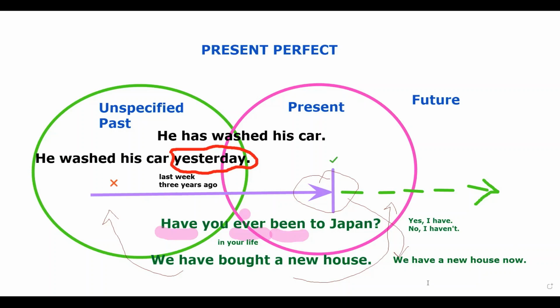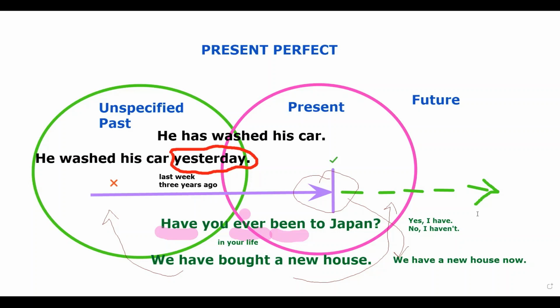We have the evidence in the present, and it may continue into the future, right? So there is no stop line and no identified period of time here. We have bought a new house and we have it now. We have bought a new car and we have it now.